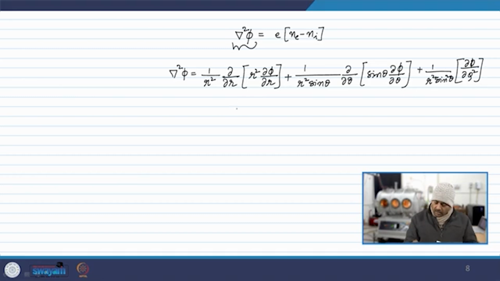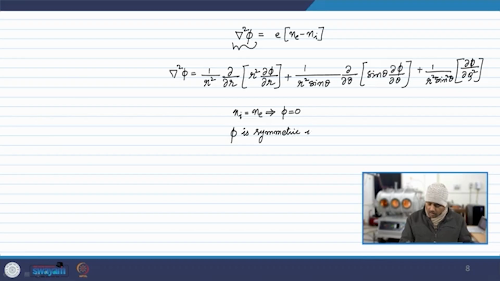So, ideally, when Ni is equal to Ne, our potential simply becomes 0. This is the initial condition, right. We are deviating away from it, right. Let us assume the potential phi is symmetric in the theta and phi directions. What does it mean? It is not varying with respect to theta and phi, that is it.